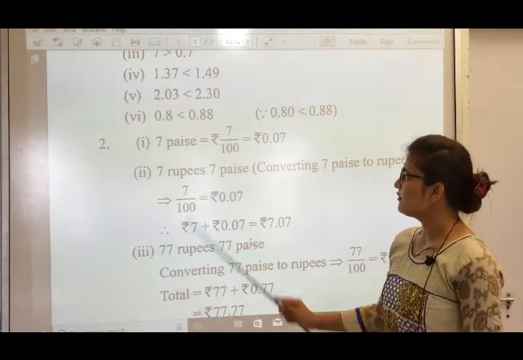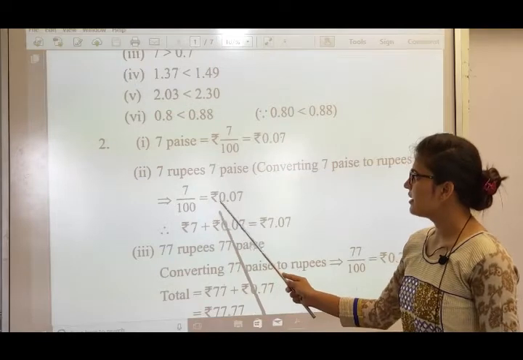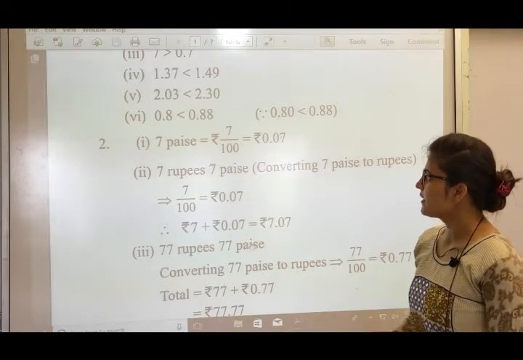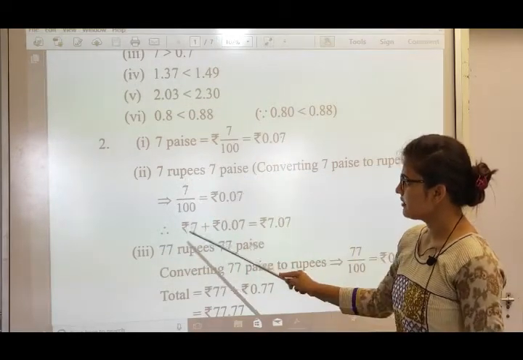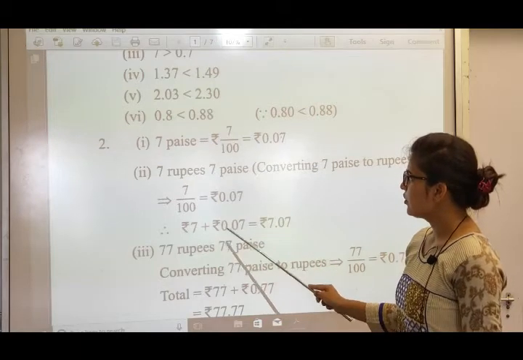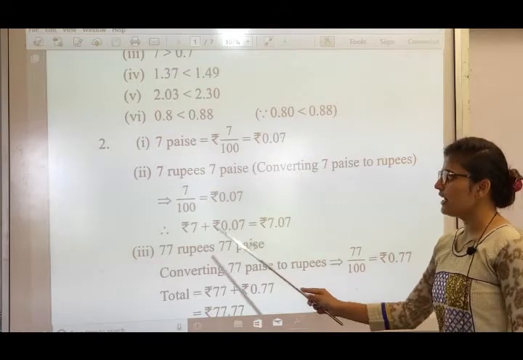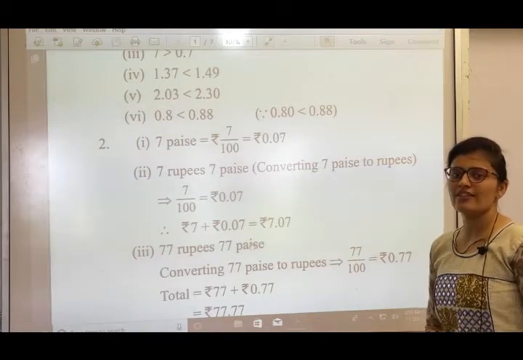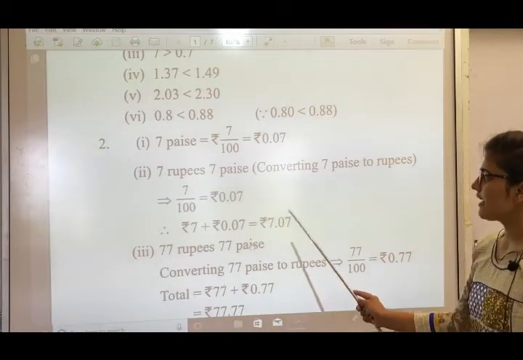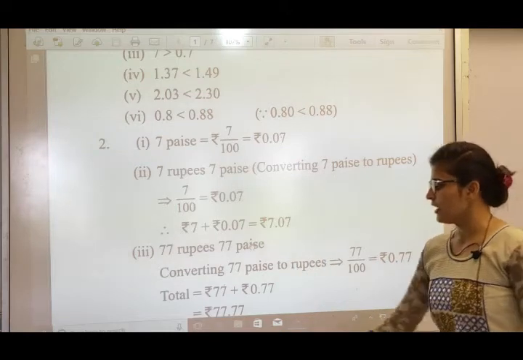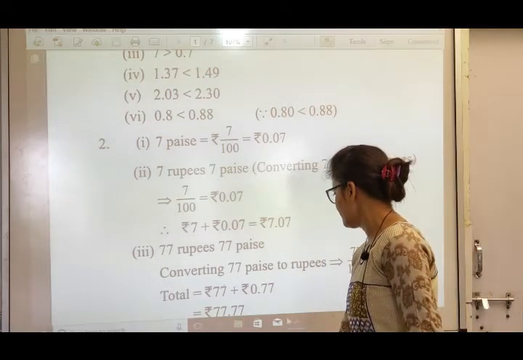So 7 we have to divide by 100, it will be equal to rupees 0.07. Now 7 rupees plus rupees 0.07. So after adding 7 and 0.07, the answer will be rupees 7.07.